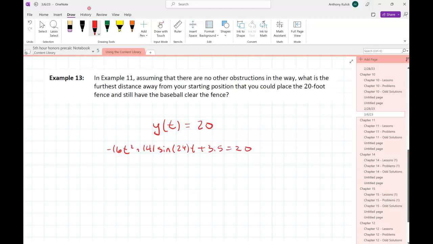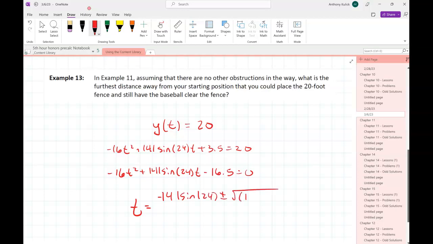Yeah, so we just subtract the 20 from both sides. You guys knew that. You're just messing with me. Actually, it's Monday morning. Maybe you didn't know it on Monday morning. If I asked you like an hour later, you would have known it, though, I'm sure. So we do that, and then we have our quadratic formula, just like before.